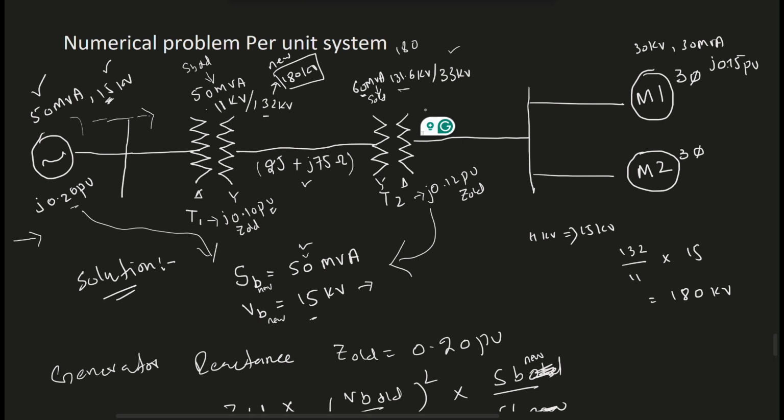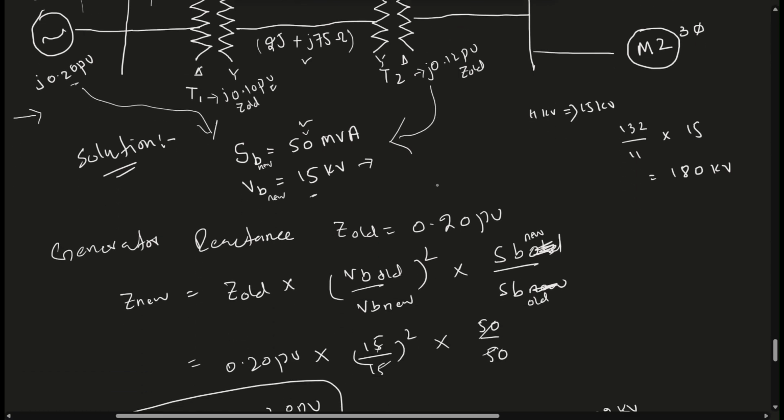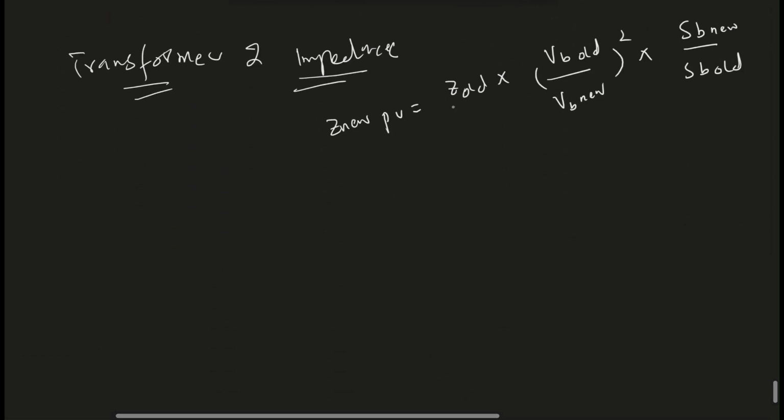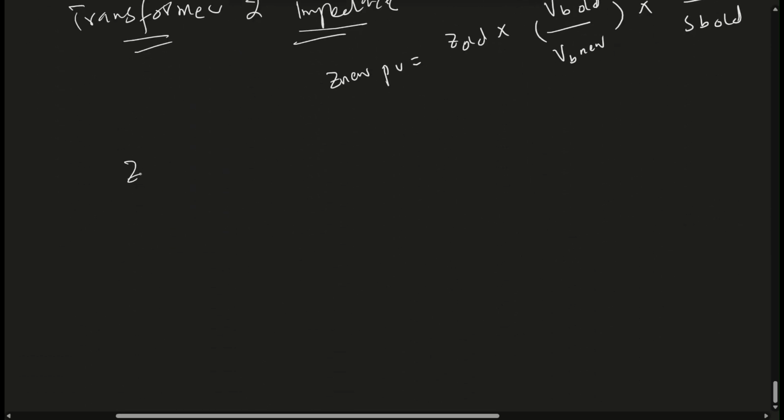This is given in the numerical problem. So 131.6 kV is the old value, and the new value is 180. Z new per unit is equal to Z old per unit, where the old value is given as j0.12.